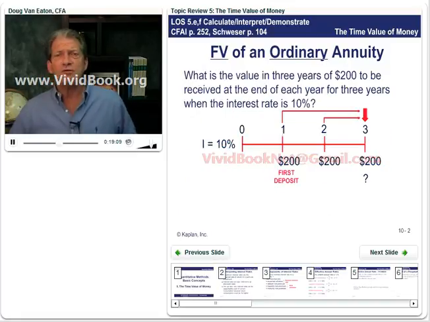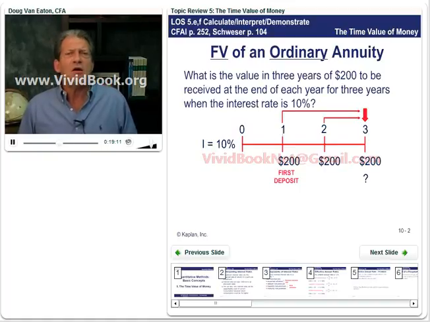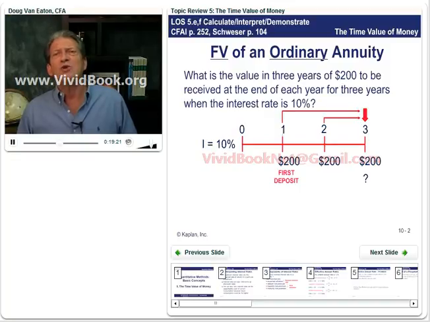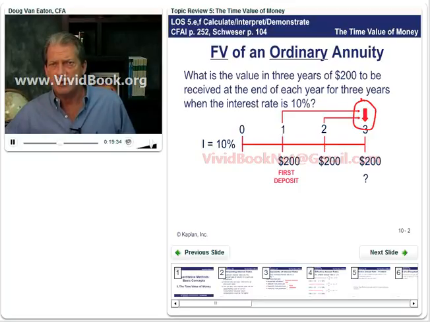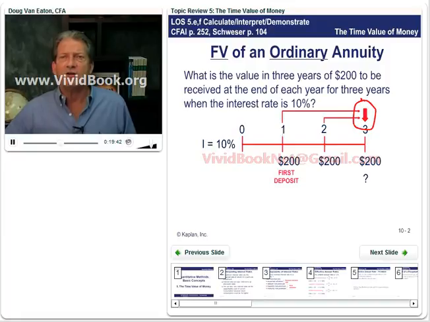Now, the future value of an ordinary annuity answers the question: if I put a deposit into an account that returns 10% compounded annually, and I do that for 3 years, how much will I have 3 years from now when I put that last $200 in there? The future value of an annuity in end mode on your calculator gives you the value on the date that last deposit is made.